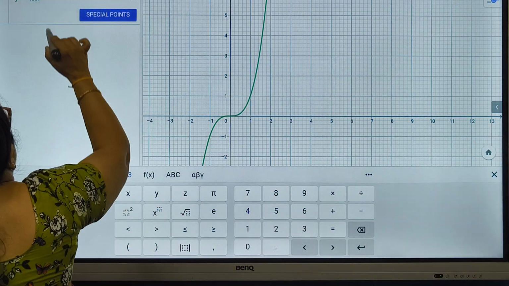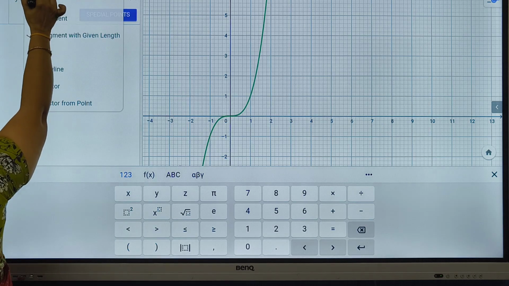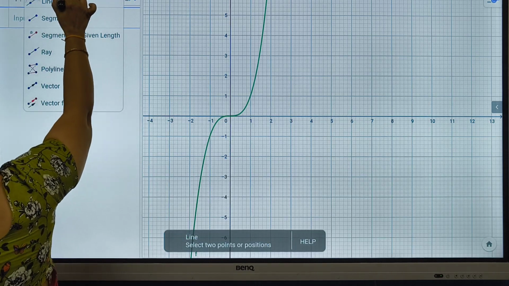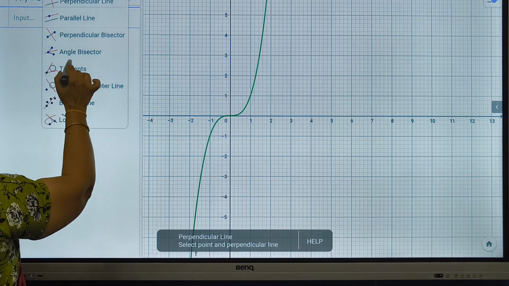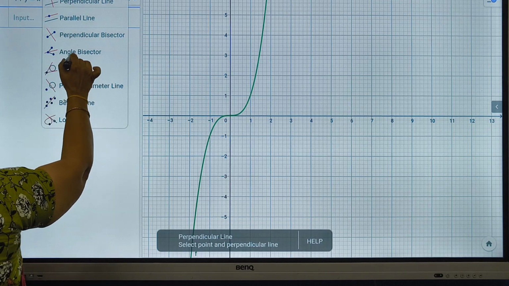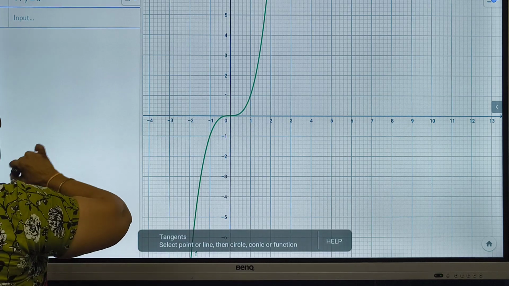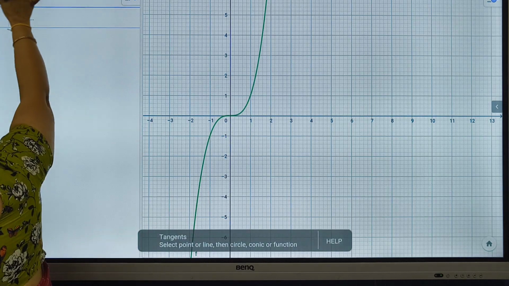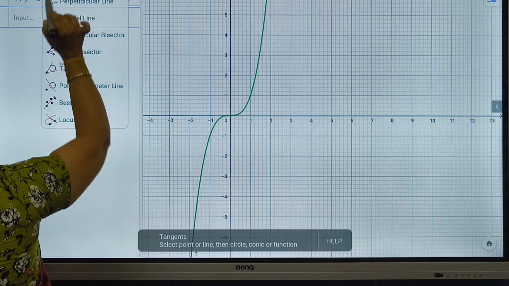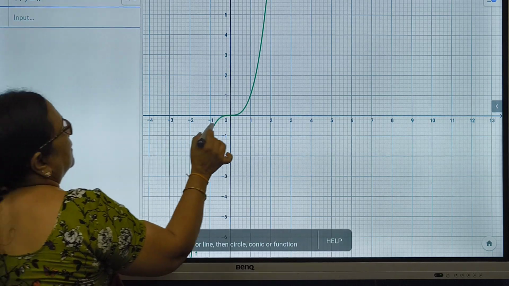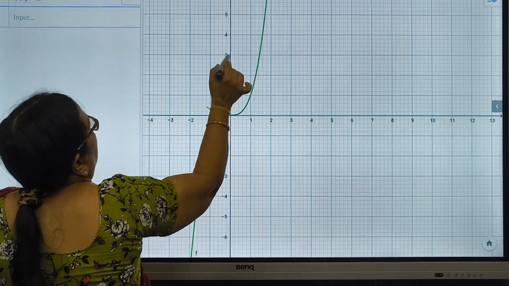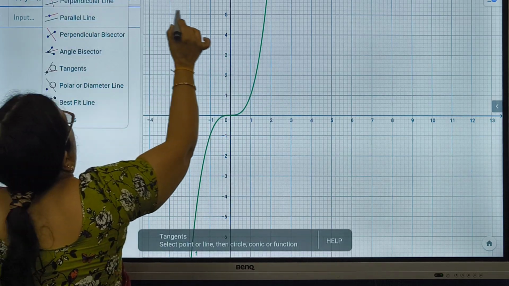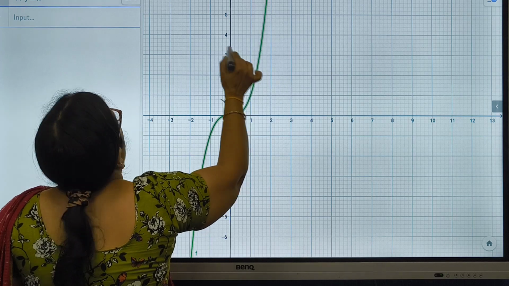Okay. Now, I want to draw a tangent. So, let me draw a tangent, say at here. I'm selecting the curve. I'm selecting here.